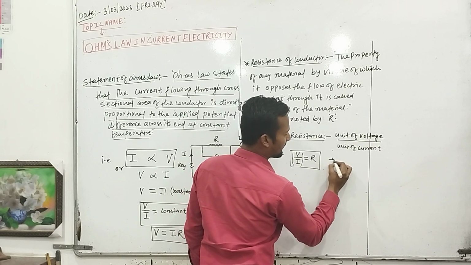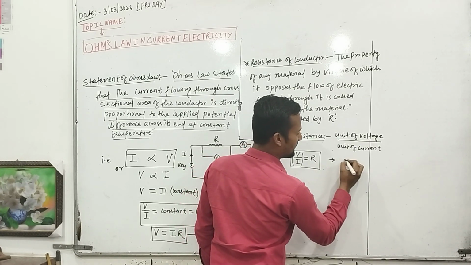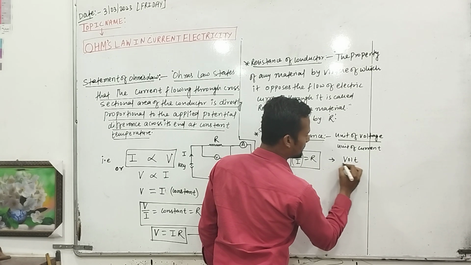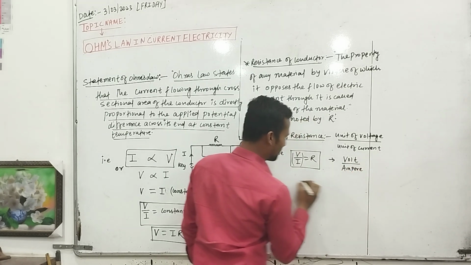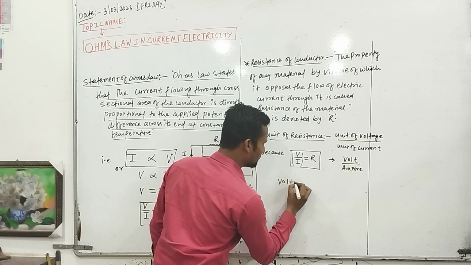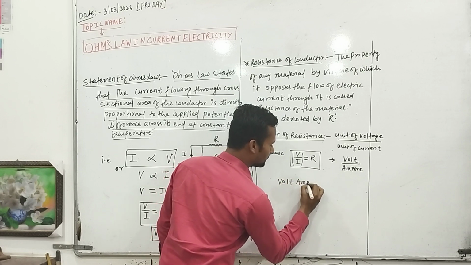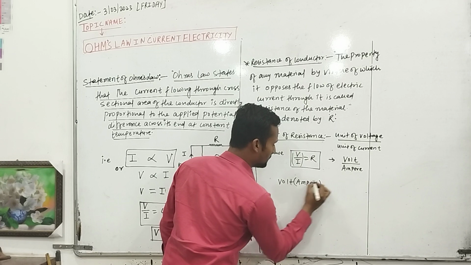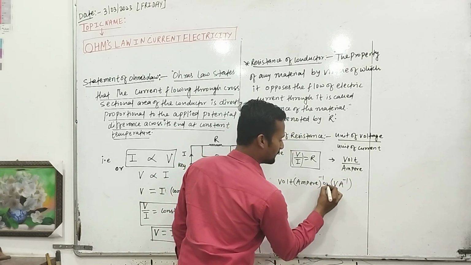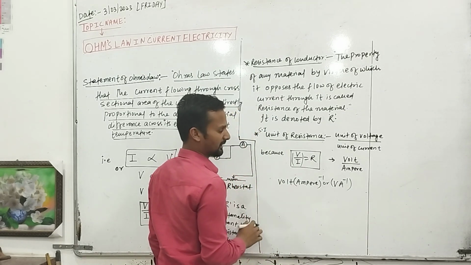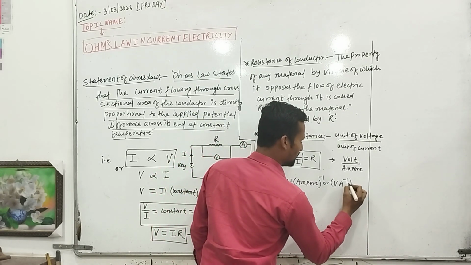So what is the unit of current and what is the unit of voltage? The unit of voltage is volt and the unit of current is ampere. So volt per ampere, VA to the power minus 1, is called the unit of resistance, and we say it ohm.